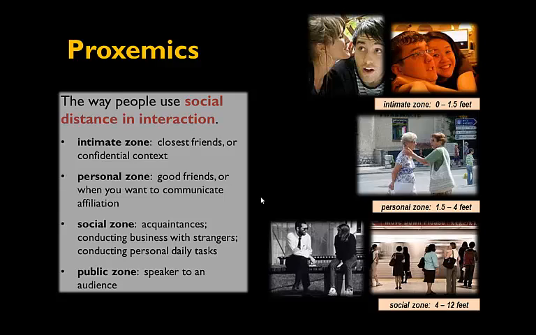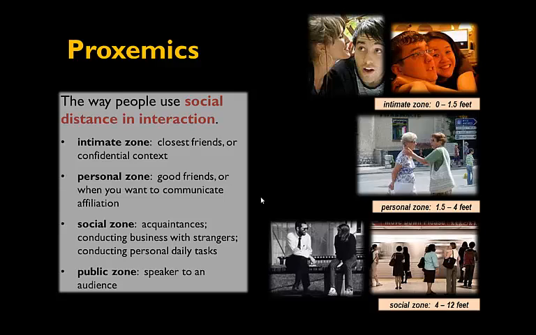So if you're patting somebody on the back, to say good job, or if you are a baseball player or some other team member and you tap somebody on the butt, it doesn't have a sexual connotation. It has a good job connotation. So affiliation. And that's about 1.5 feet to 4 feet.